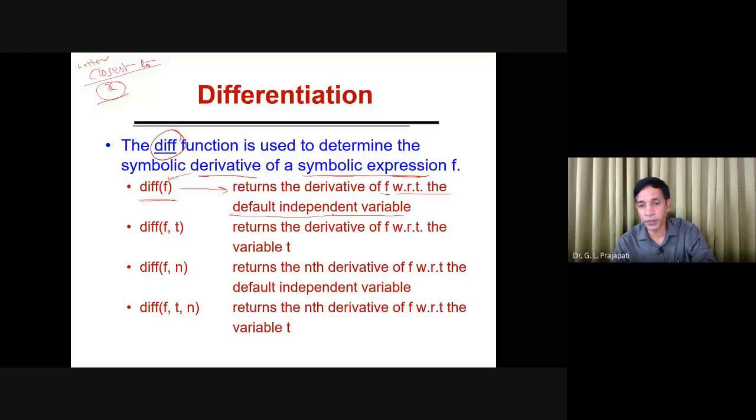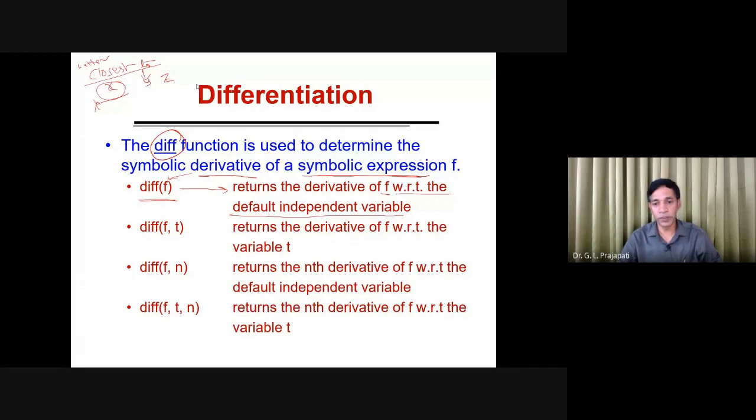If x is not present, which one is the closest to x? Say x is absent and you have y and z present. Y is the closest to x, so y will become the default independent variable.